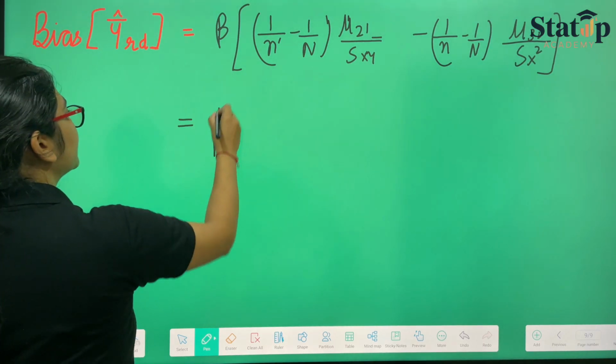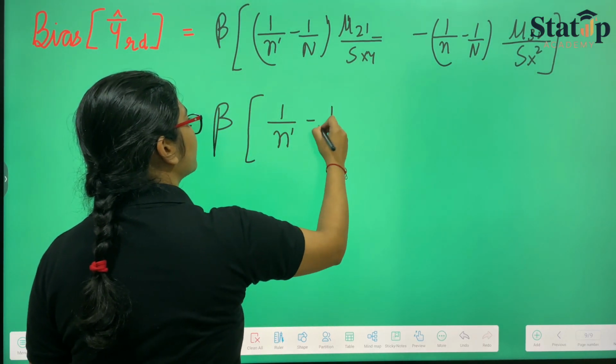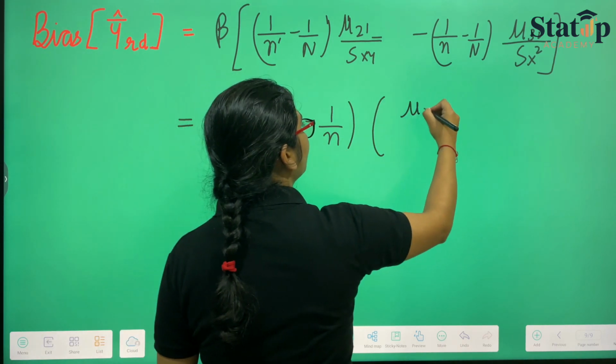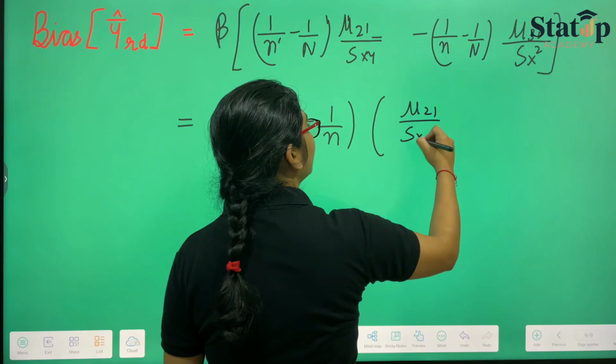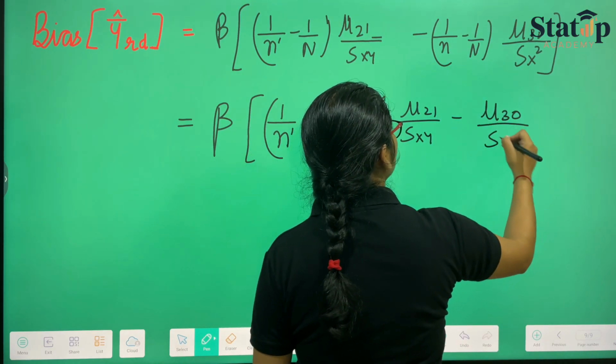This can further be written as beta (1 upon n prime minus 1 upon n) into (mu 21 upon Sxy minus mu 30 upon Sx square).